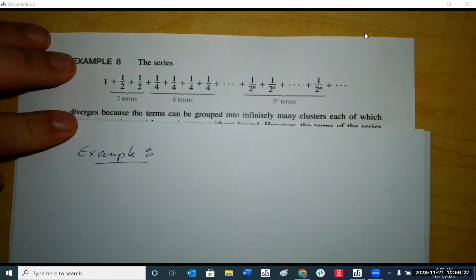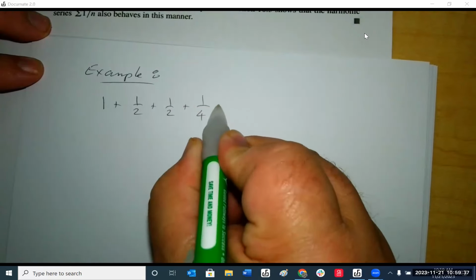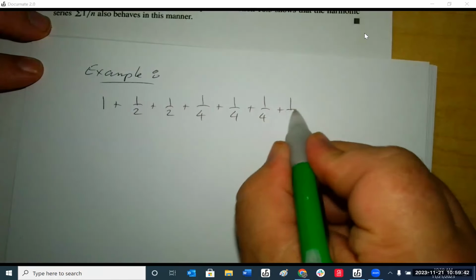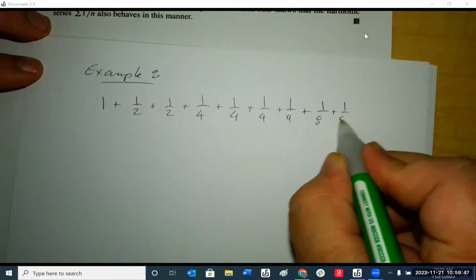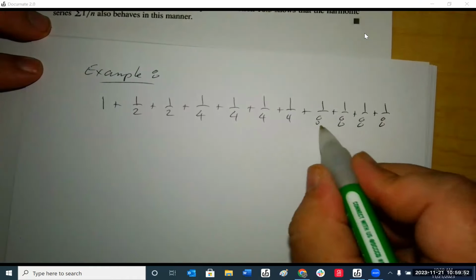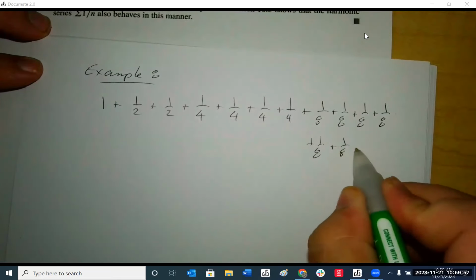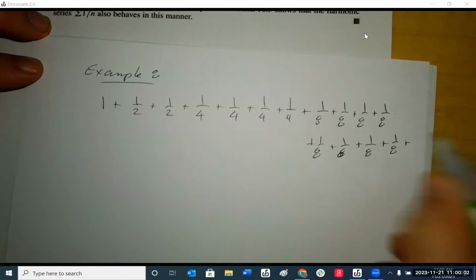Well, this is not really an example, but if we had the series 1 plus 1/2 plus 1/2 plus 1/4 plus 1/4 plus 1/4 plus 1/4 plus 1/8 plus 1/8 plus 1/8 plus 1/8, and so on and so forth.